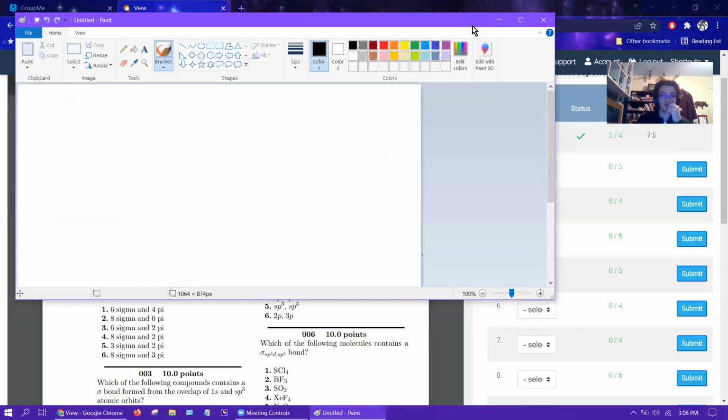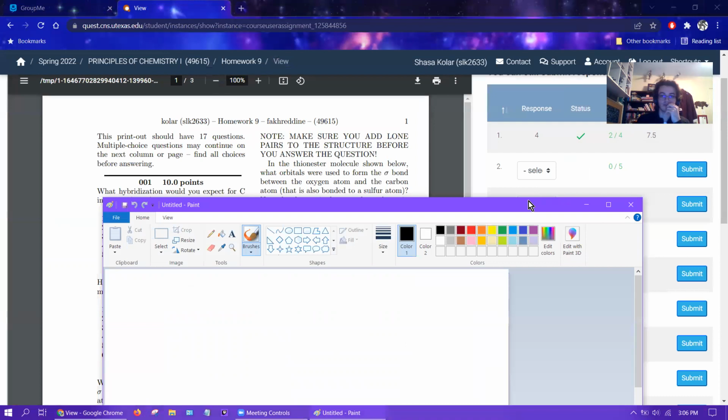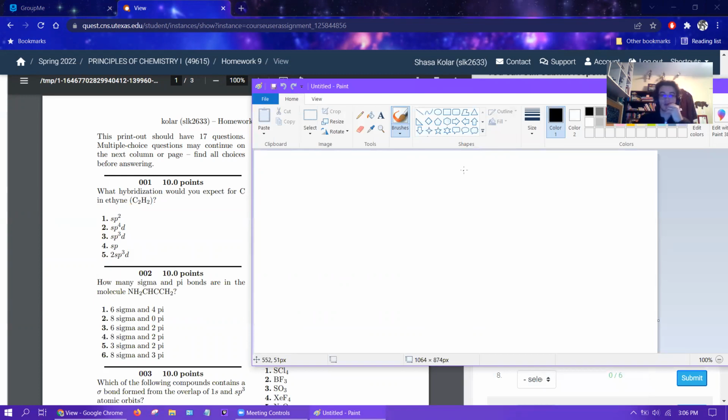As you can see, I actually got it wrong the first time, and that's just a small mistake, so make sure not to do that. But basically, I can just show the entire problem because I've already done it. So we have C2H2. So it's hybridization.